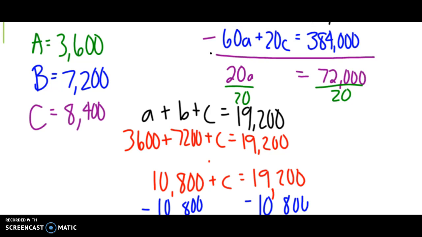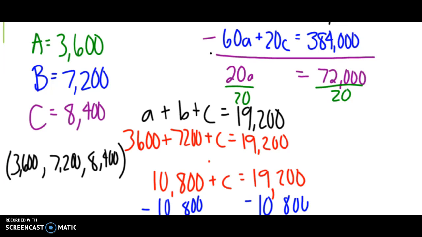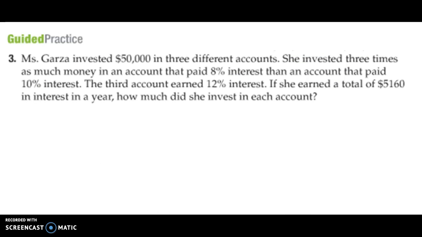Okay? So here are my answers, A, B, and C. And if they wanted us to give our answer as an ordered triple, which they normally do, I'd write it in just the order that we do it alphabetically. So 3,600, 7,200, and 8,400. And we are done.